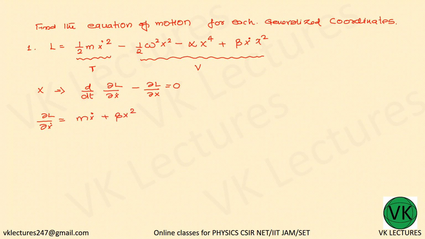So dou L by dou x dot is m x dot plus beta x square, and d by dt of dou L by dou x dot gives us m x double dot plus 2 beta x x dot. With respect to time, we are differentiating this quantity.